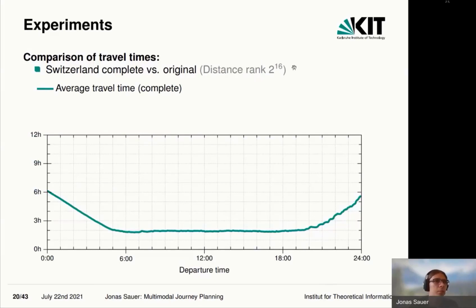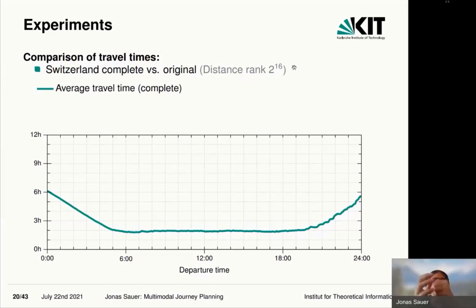It's not that important for what I'm going to show you, but basically you take your source vertex, then you run Dijkstra's algorithm, and then you rank the vertices in the network according to their distance to the source vertex. And then as your target vertex, you pick the vertex with the given rank.